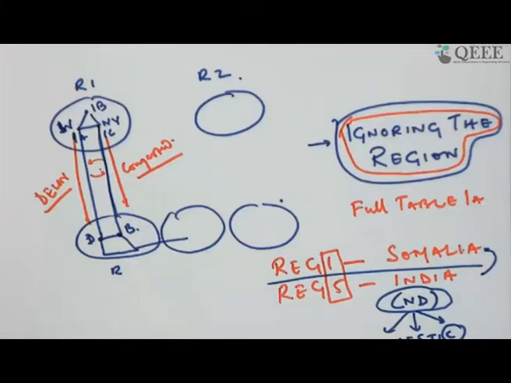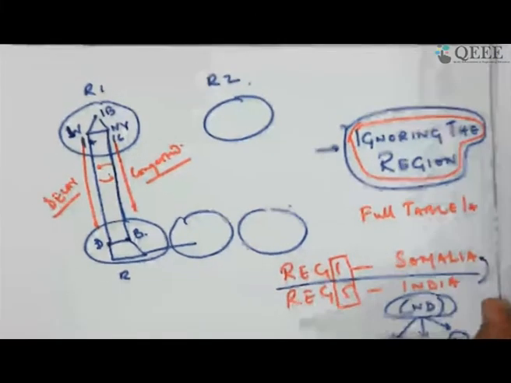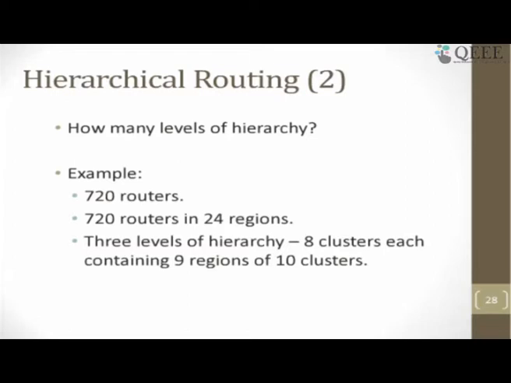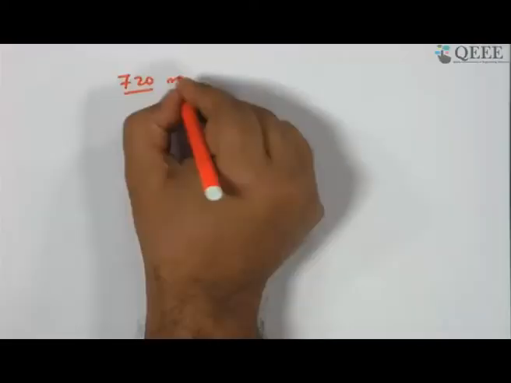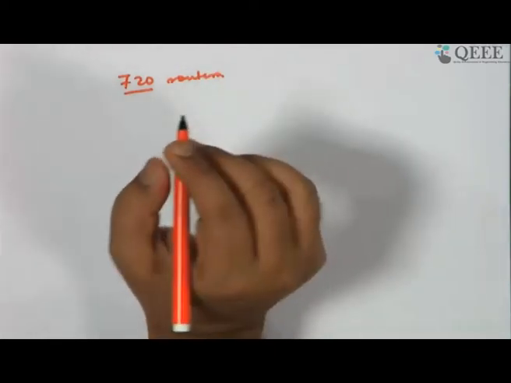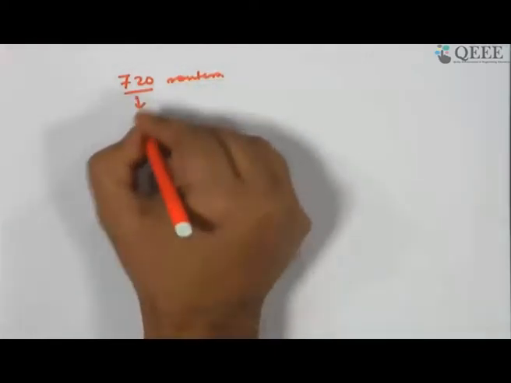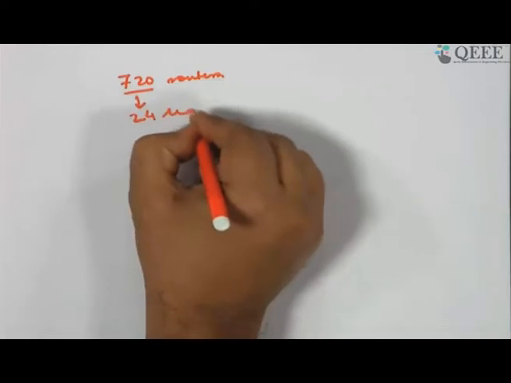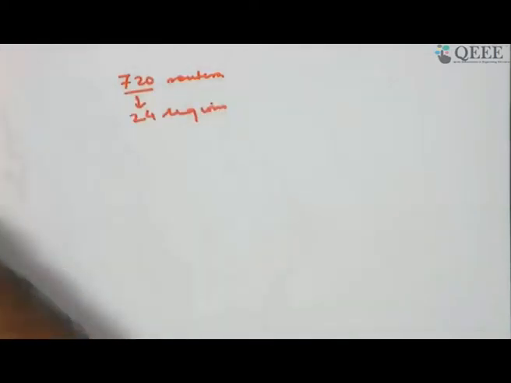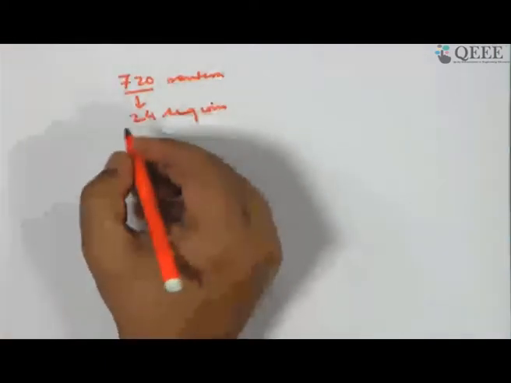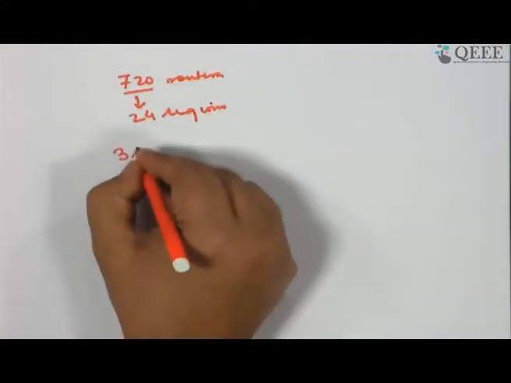So, if I now think a little more numerically: say I have 720 routers in 24 regions, and we try to build 3 levels of hierarchy.